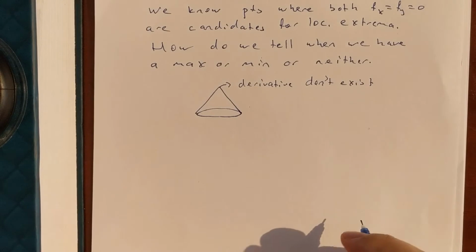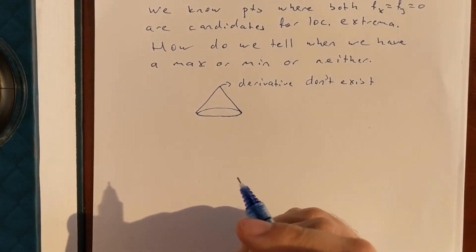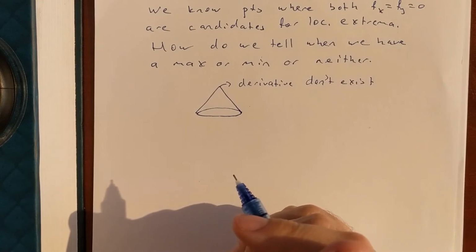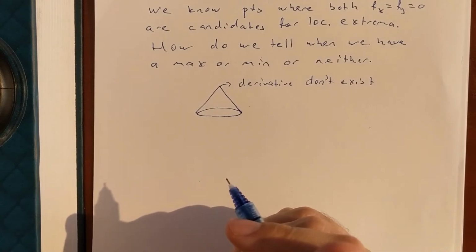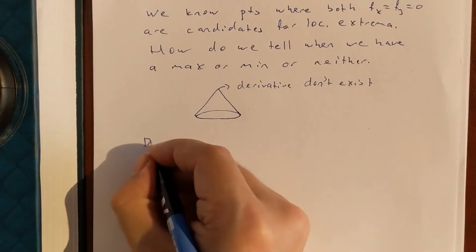So to find extrema, I have to look at two kinds of points: points where both the partial derivatives are 0 and points where they don't exist. Those we're going to call the critical points of f. So this is going to be another definition.